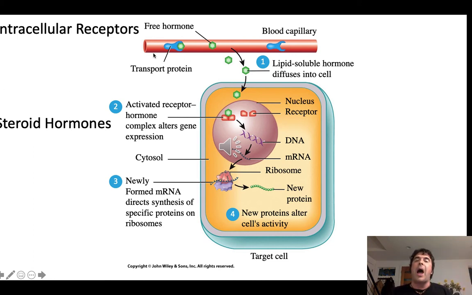So let's go back to why extracellular receptors work more quickly than intracellular receptors. Extracellular receptors are activating pre-existing proteins. It's like turning things on, right? Intracellular receptors are changing gene expression, and that gene expression is making proteins from scratch.